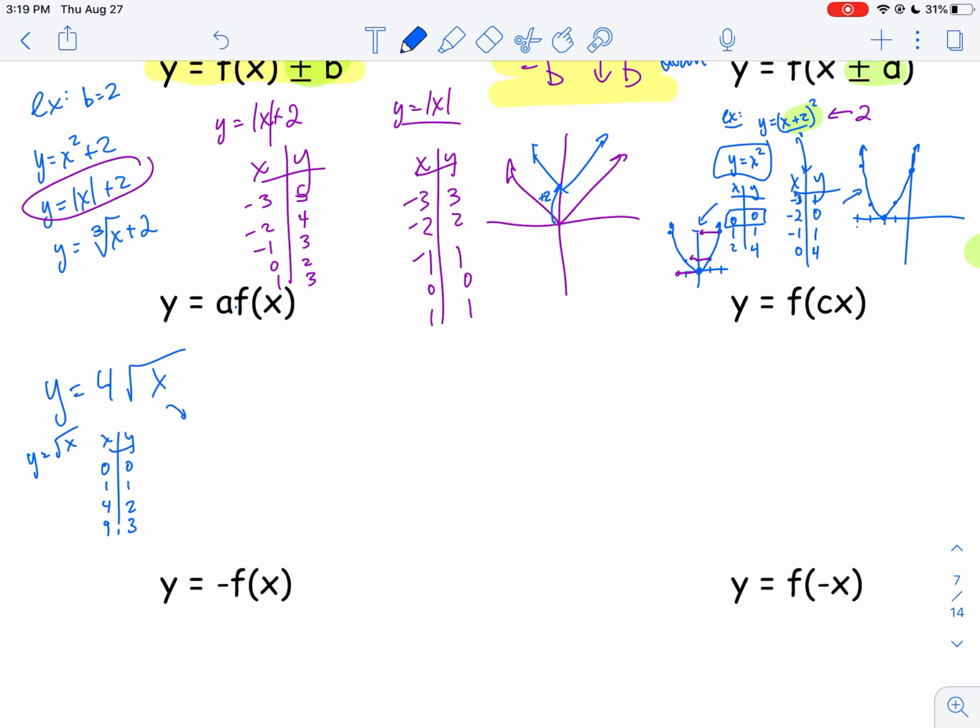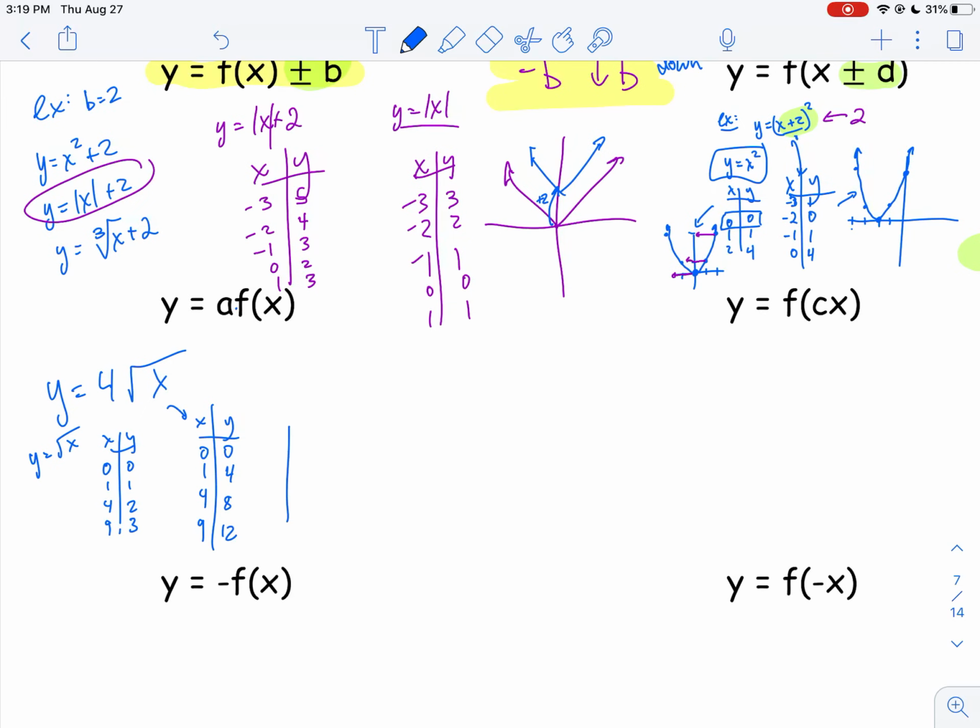We would get 0, 1, 2, 3 when we take the square roots. But here, when I multiply it by 4, what's going to happen? I'm still going to have 0. 0 times 4 doesn't change anything, but here it's going to be times 4, times 4, times 4.